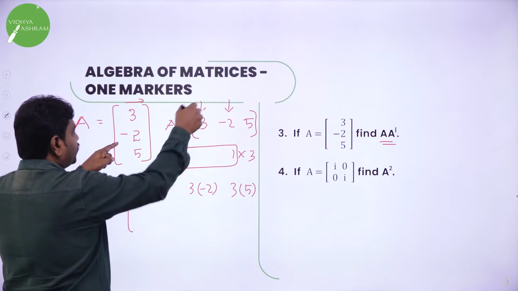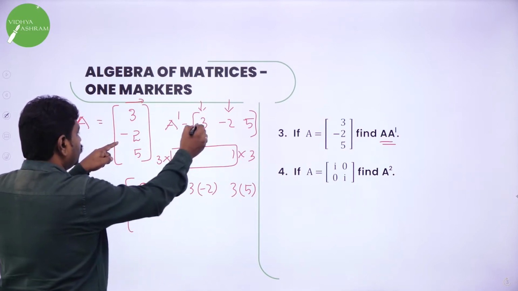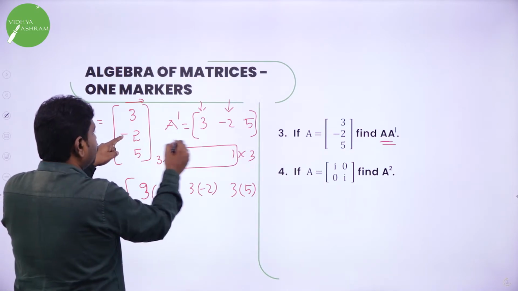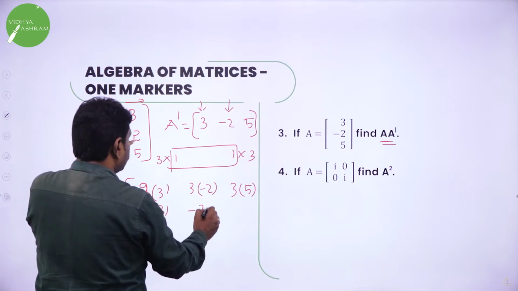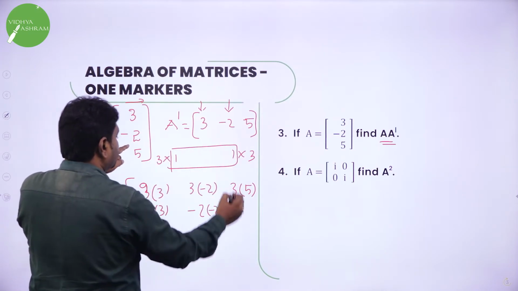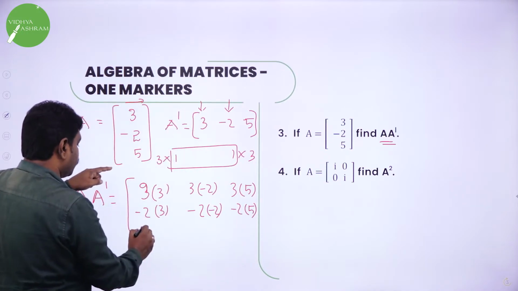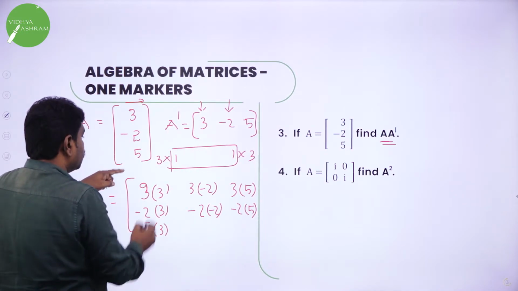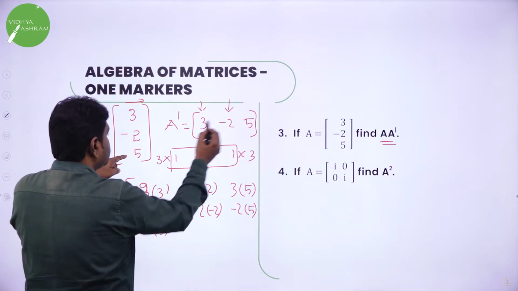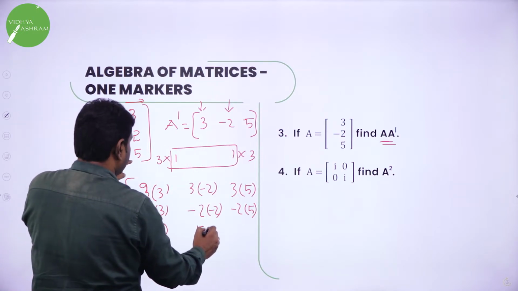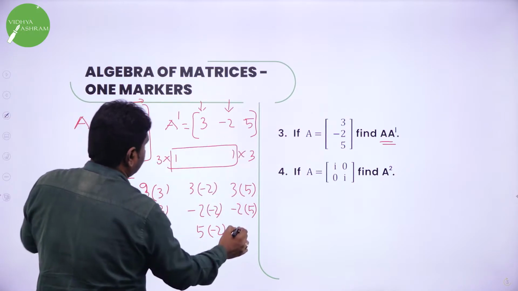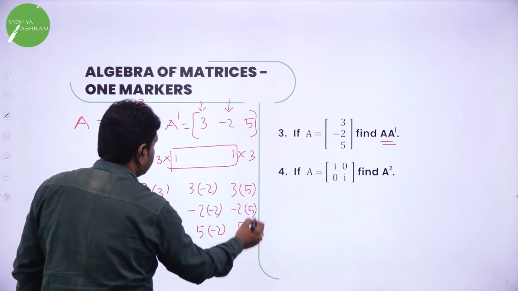Now, second row with first column, minus 2 into 3. Second row with second column, minus 2 into minus 2. Second row with third column, minus 2 into 5. Then third row with first column, 5 into 3. Third row with second column, 5 into minus 2. Then 5 into 5.